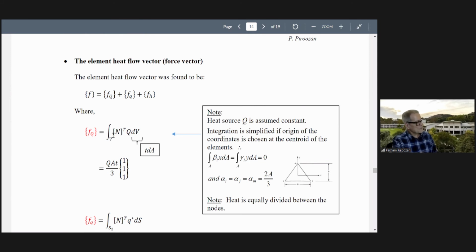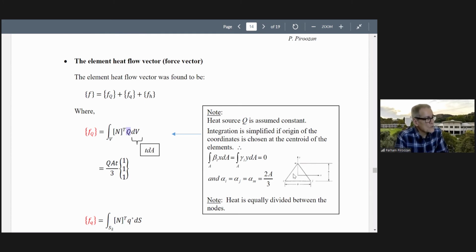Now, this is the shape function, we need to use the shape functions here. I have put a note here that this q is the internal heat source. It is constant over this element. It is like weight density.